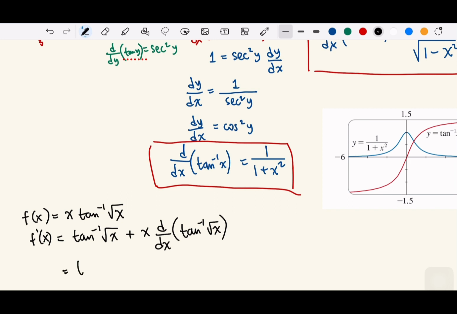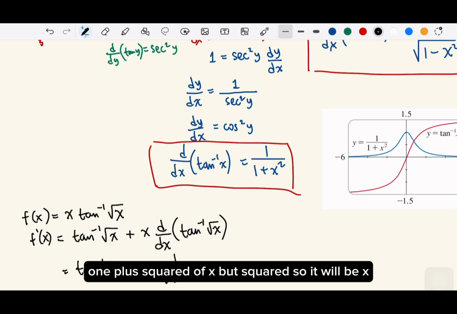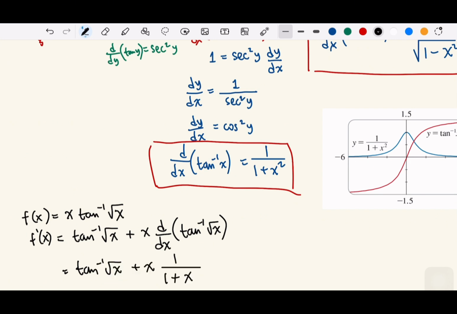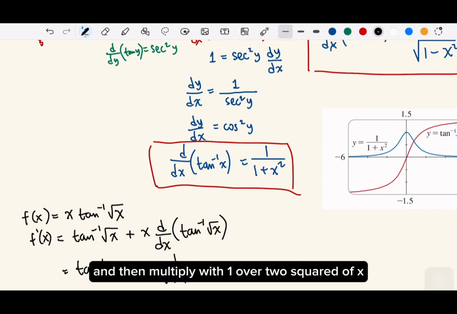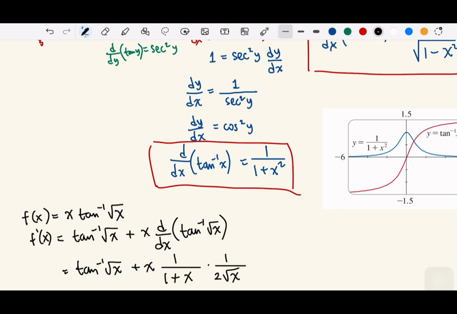And then this will be 1 over 1 plus square root of x but squared, so it will be x, and then multiply with 1 over 2 square root of x.